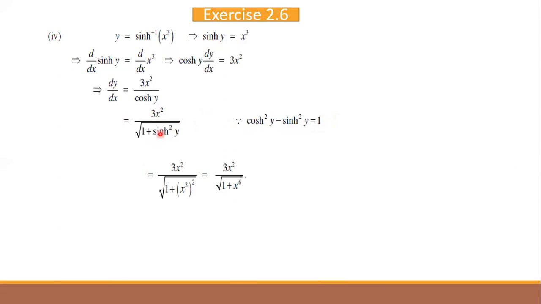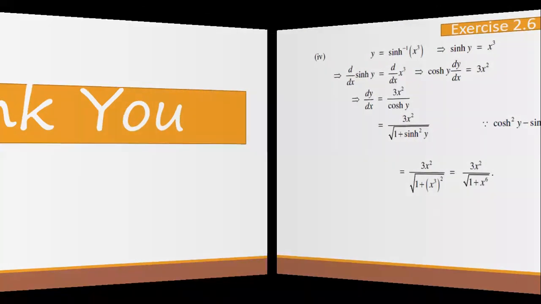So 3x square over the square root of 1 plus x cube whole square, and 3 into 2 is 6. So the final answer is 3x square over the square root of 1 plus x raised to power 6. This is part number 4 of question number 3, exercise 2.6.